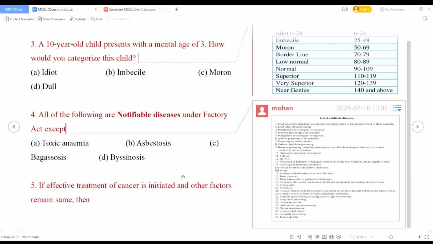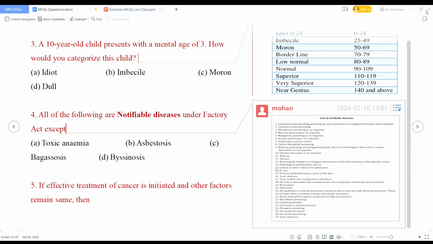There are 29 diseases which are notifiable according to the Factory Act. Here the last option is toxic nephritis and other options are toxic anemia, asbestosis, byssinosis, but there is no bagasosis in the list.